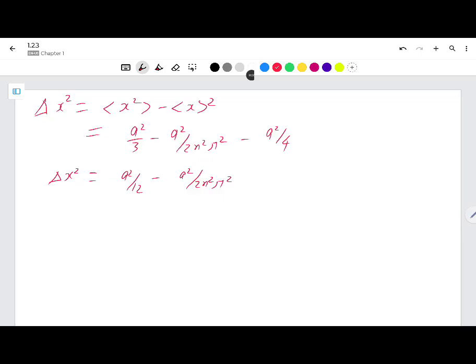In a similar way, we are interested in finding the momentum as well. So for that, we need to do this.